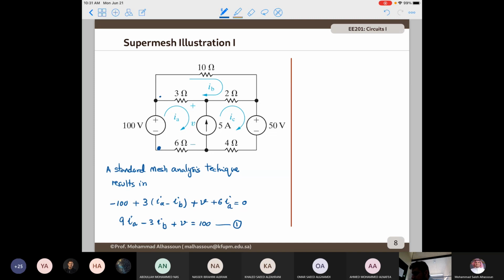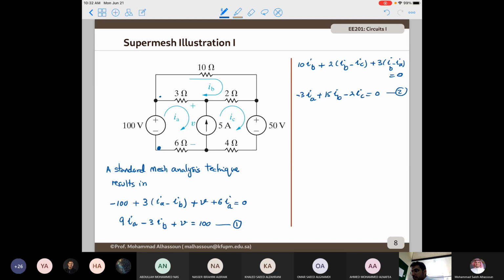So we're going to have 10 IB plus 2 IB minus IC plus 3 IB minus IA equals 0. So if we simplify it, we'll end up with minus 3 IA plus 15 IB minus 2 IC equals 0, and this is the second equation.